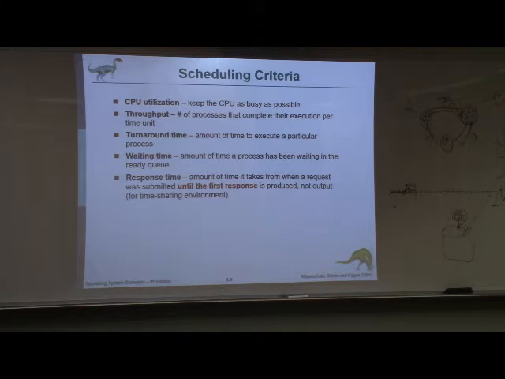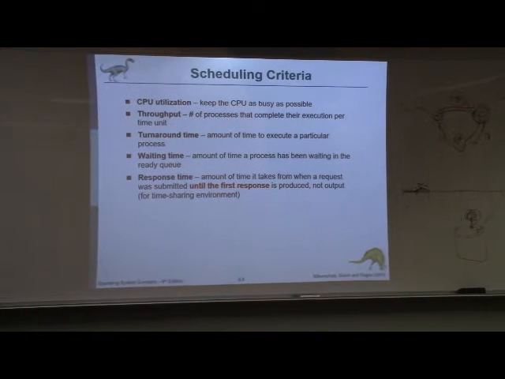Then, if you have multiple jobs, multiple processes, what is the average turnaround time to finish all the jobs? That is the turnaround time. So this throughput and turnaround time is good for what? To judge batch jobs. If your system focuses on batch jobs, like the data warehousing system or the housekeeping job or removing a bunch of temporary files on your operating system, you can judge your scheduling algorithm using such a thing. And waiting time.